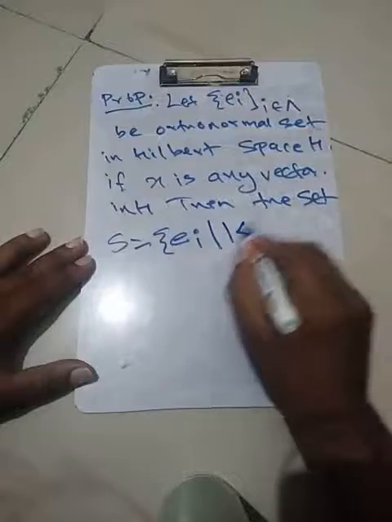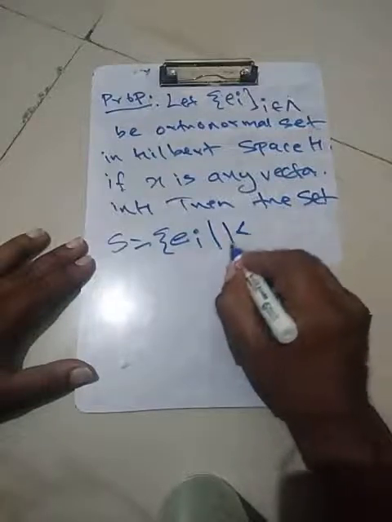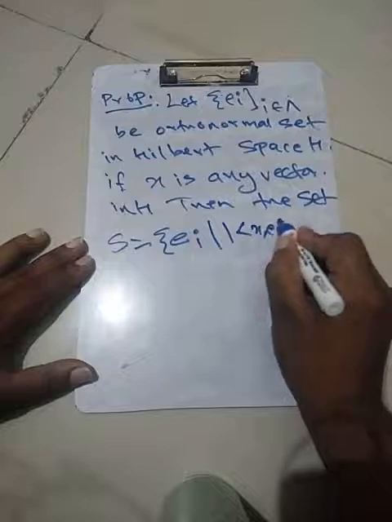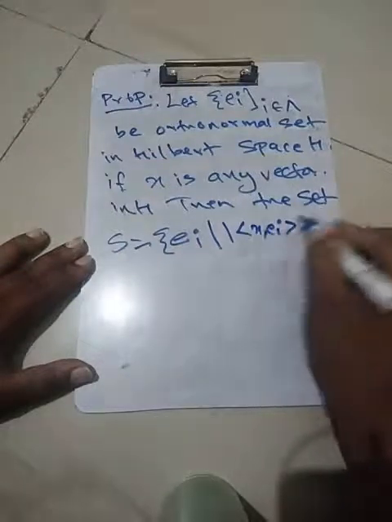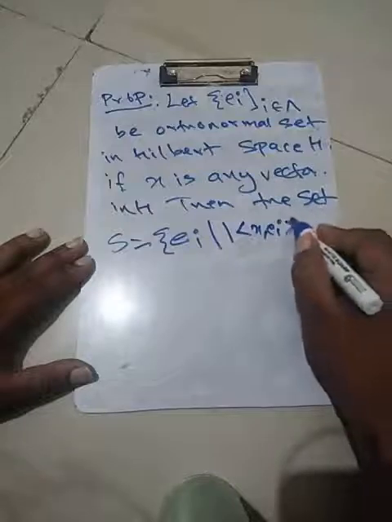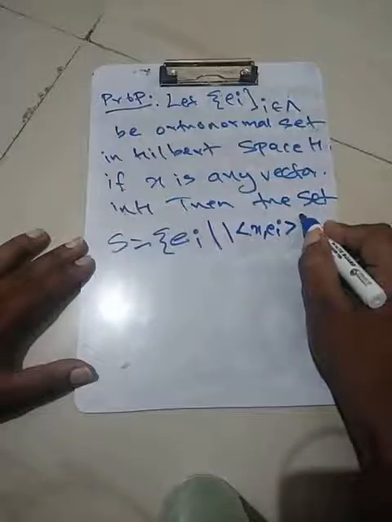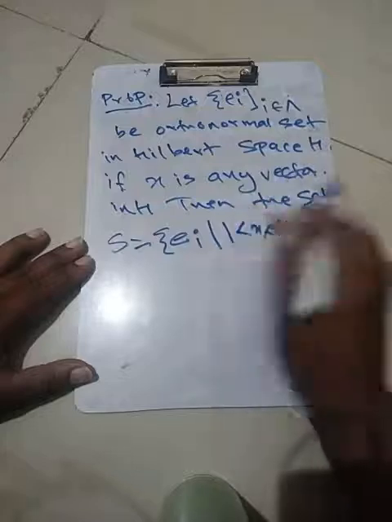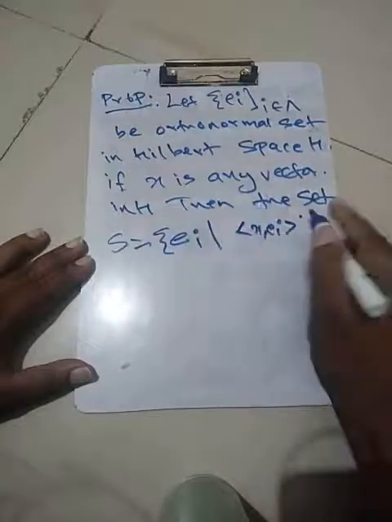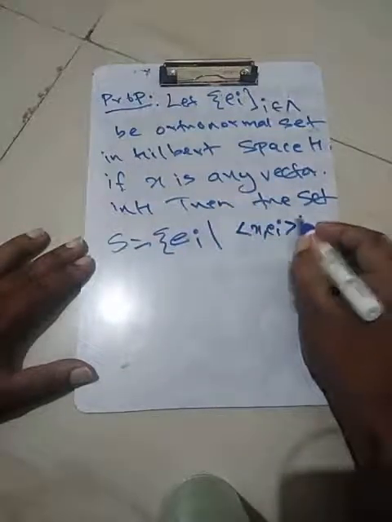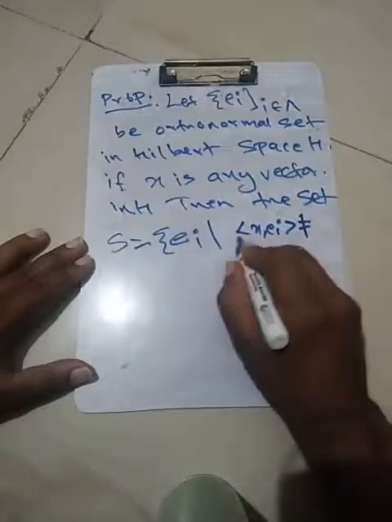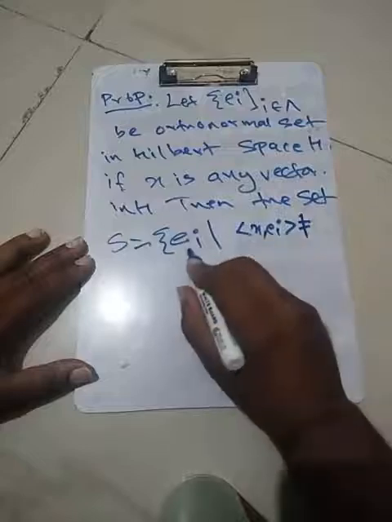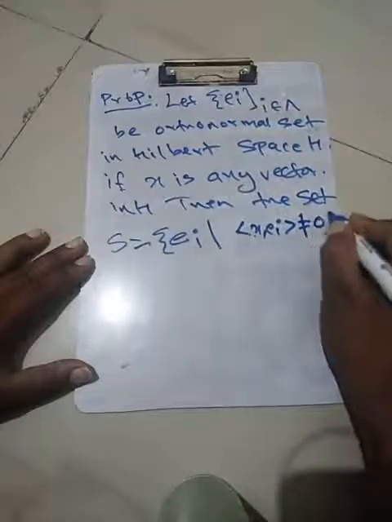modulus, in the case of complex, if F is C; if it is R, its absolute value, of the inner product of x with e_i. You can just remove the modulus also; we are just treating this case. The collection of those e_i whose inner product is non-zero.